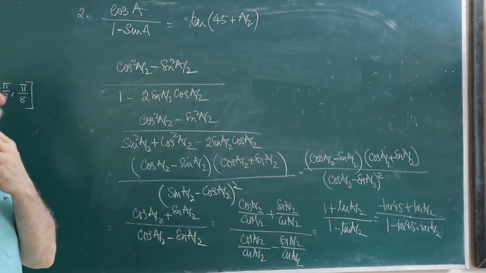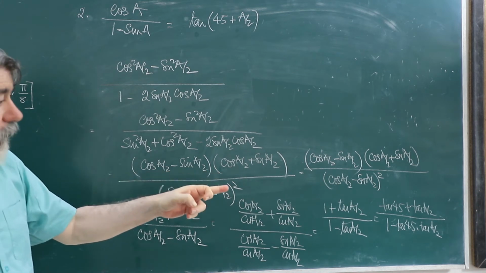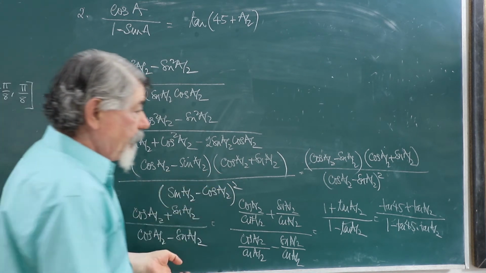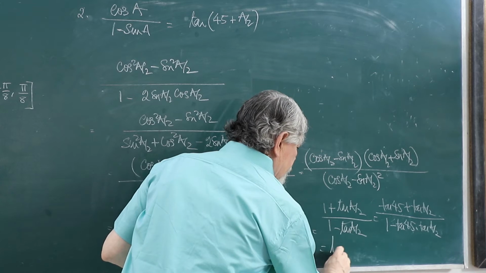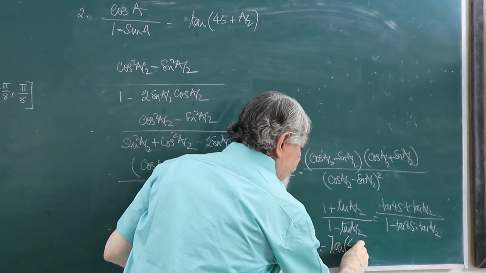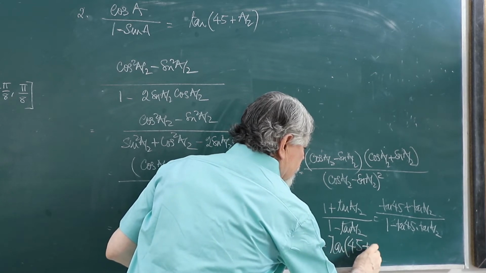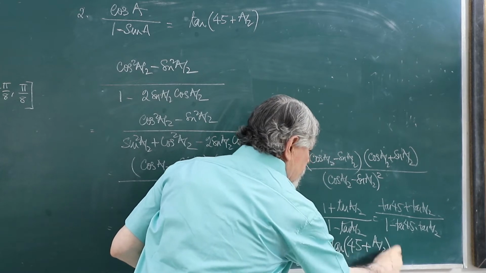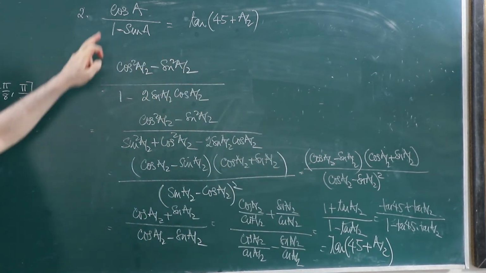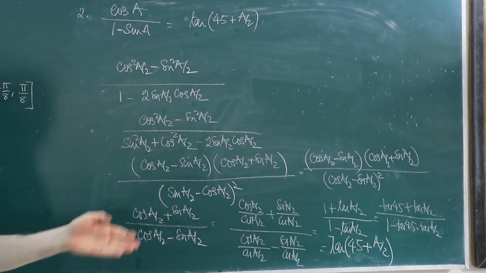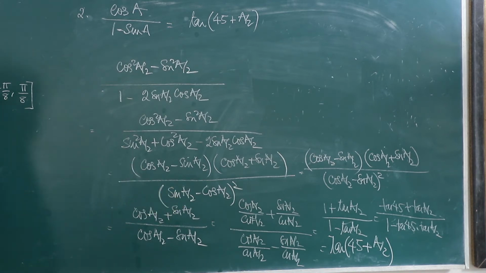So I have got cos a upon 1 minus sin a as tan(45 plus a/2).